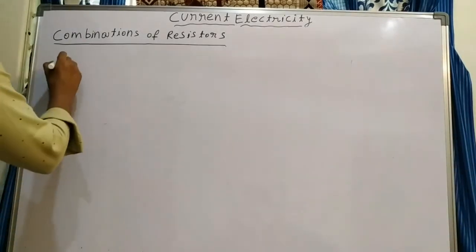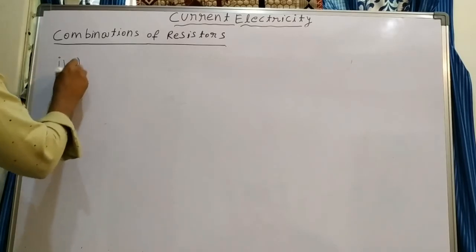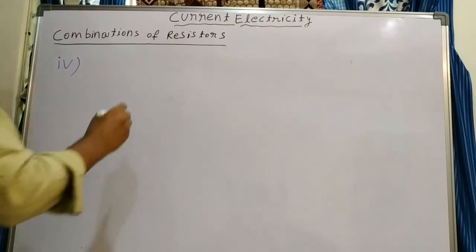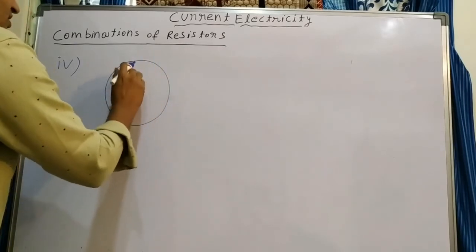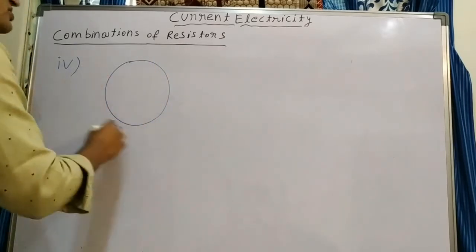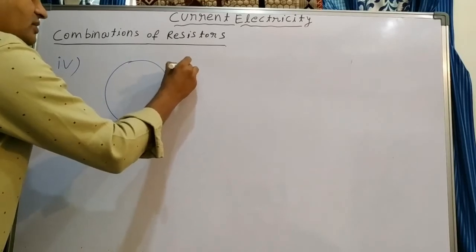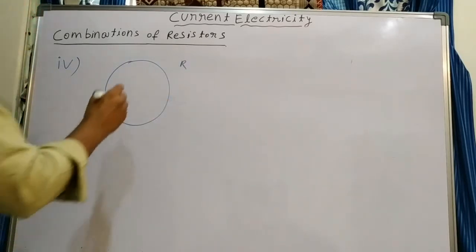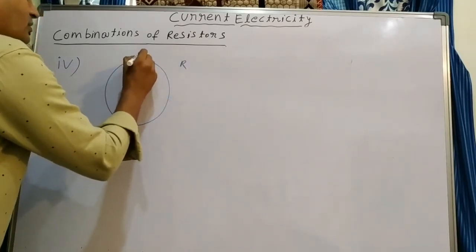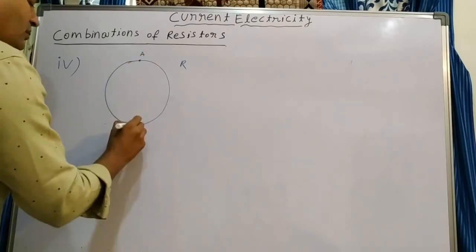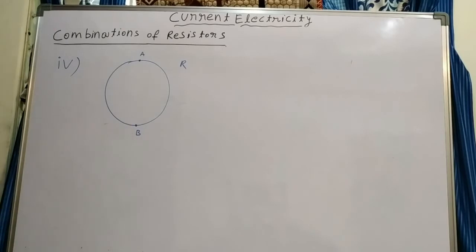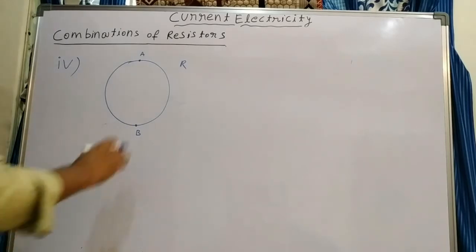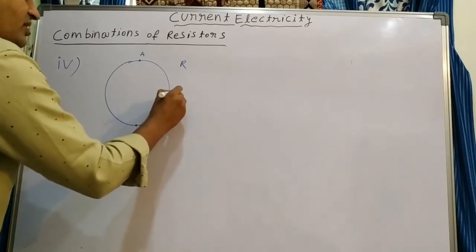Other case, suppose you take a conducting wire of resistance R made in the form of a circle. What is the resistance of the total circular wire? That is R. Suppose they want point A here and exactly opposite, point B is there. Between A and B, what is the resistance? You know this part of resistance is R by 2.